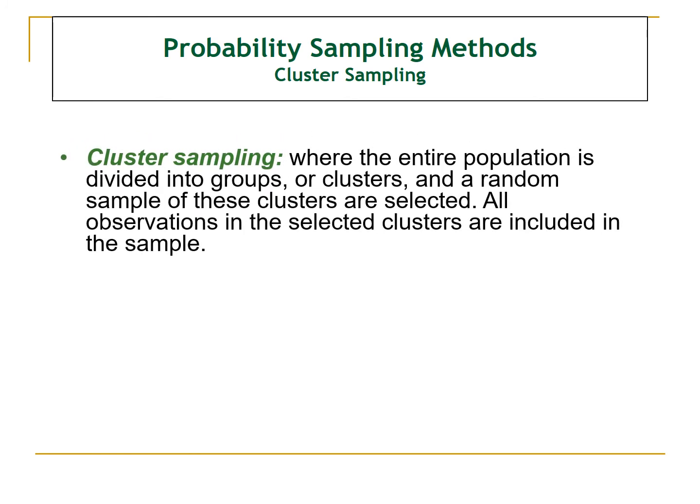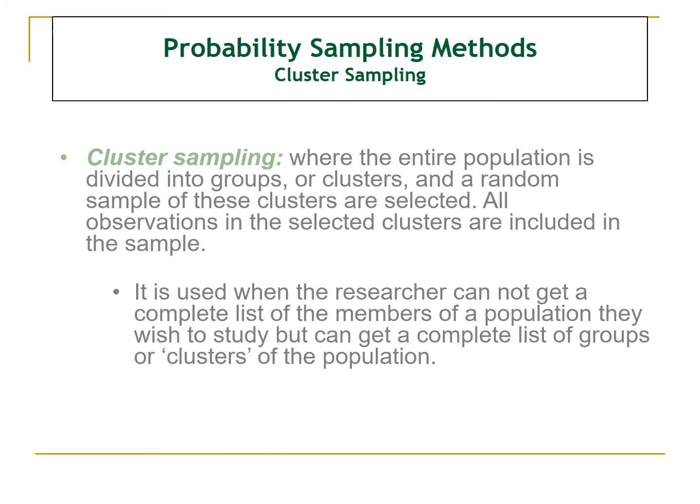In cluster sampling, the entire population is divided into groups or clusters, and a random sample of these clusters are selected. All observations in the selected clusters will be included in your sample. It is also used when a random sample would have a list of target subjects that are widely scattered, in that surveying them is more expensive.